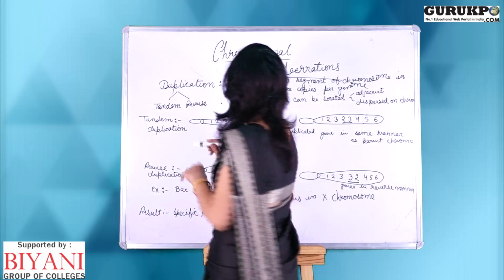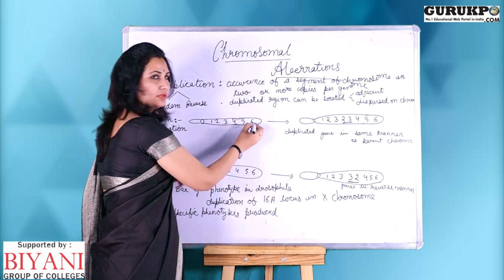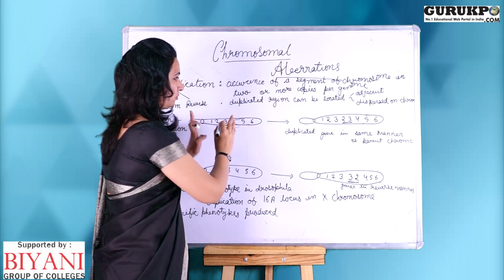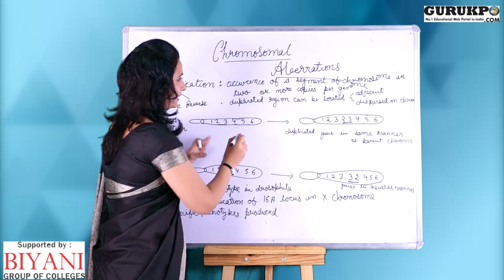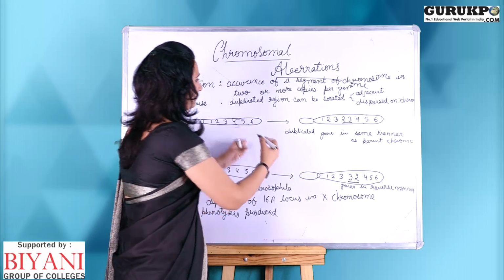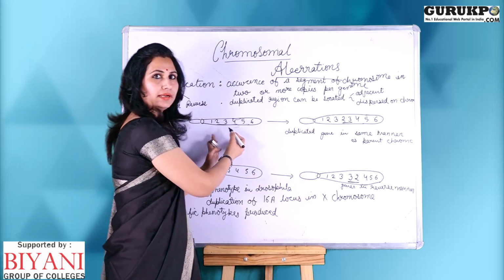The diagram will illustrate this. Here the gene sequence 1, 2, 3, 4 and 5 is there in a chromosome, and the genes 2 and 3 will get duplicated, and they will duplicate in the same manner as they were in the parent chromosome.